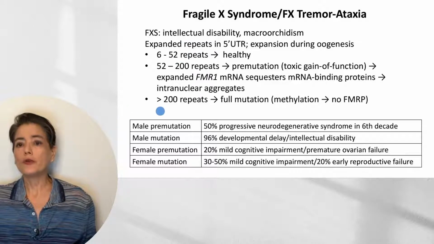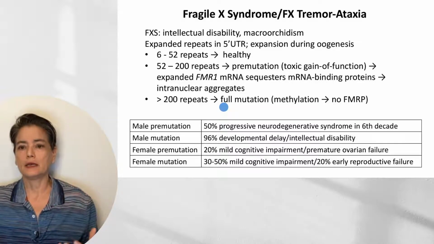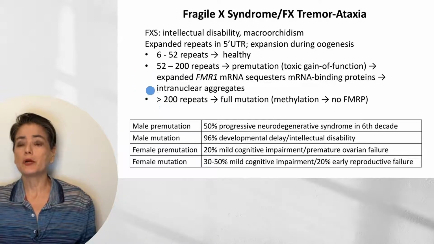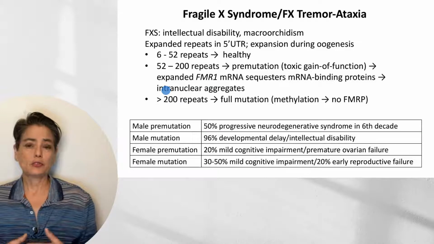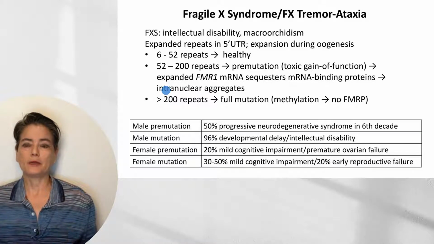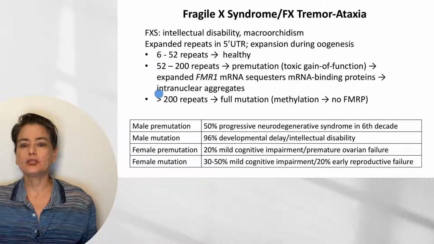And we knew that more than 200 repeats, we had actual Fragile X syndrome with intellectual disability and macroorchidism. What we thought happened is in between these 2 limits, we had what we called a premutation. And it was thought that there really wasn't a lot going on in individuals who had a premutation. But what we've actually learned is that individuals with a premutation do actually have a phenotype.